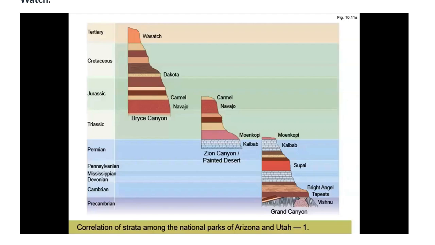A great example of comparing partly overlapping sections is the correlation of strata among the national parks of Arizona and Utah. And here we have rocks from the Bryce Canyon, Zion Canyon, and the Grand Canyon. And we are able to correlate rocks from Bryce Canyon to Zion Canyon and Zion Canyon to Grand Canyon in this fashion.